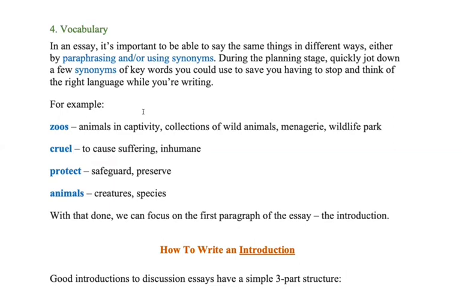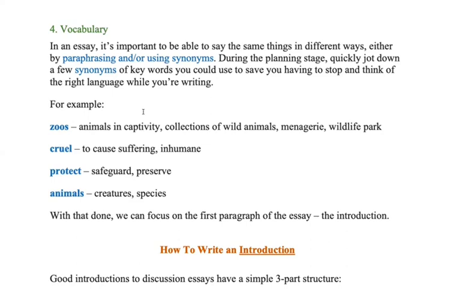Protect is safeguard or preserve. So these are synonyms of these words. Instead of animals in your essay, you could change it to creatures. Or you might change it to species. So 3 words are good enough to write down.